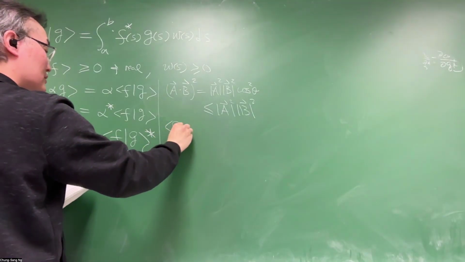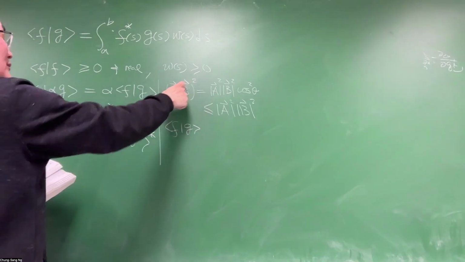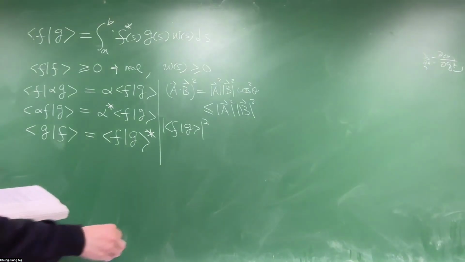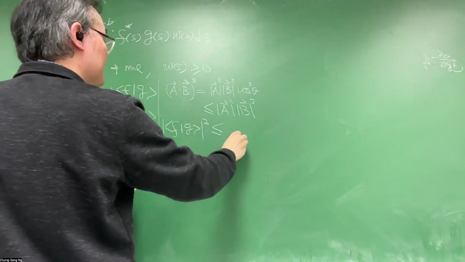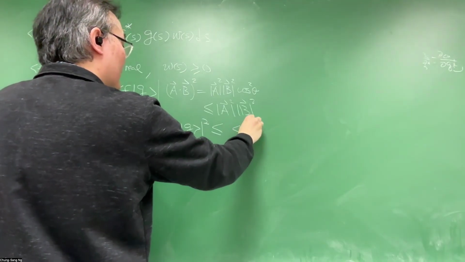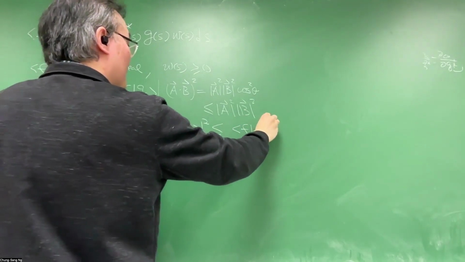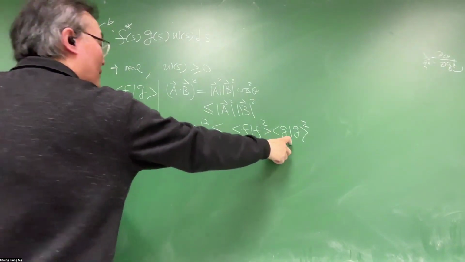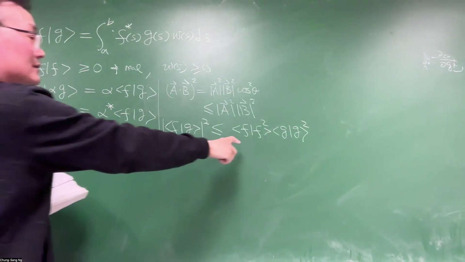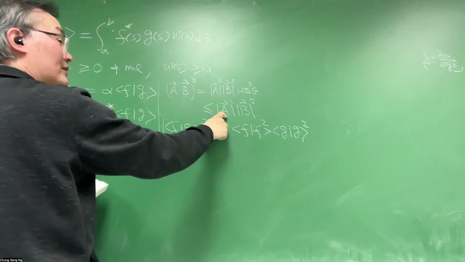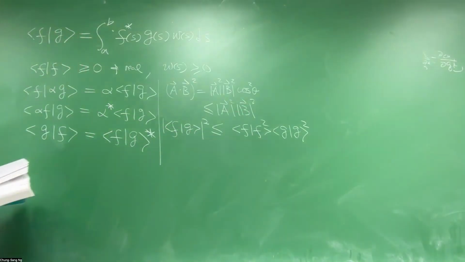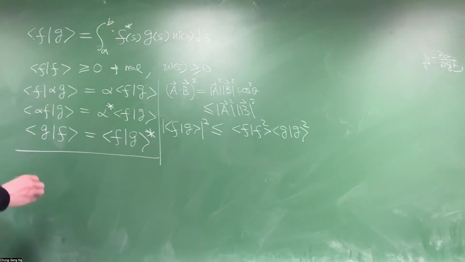Except that this is not necessarily real, so you need to take the complex magnitude squared of the scalar product of F and G, and likewise it's smaller than the product of the scalar product of F with F and of G with G. And by definition they are real: the product of these two, like the magnitude squared of A and the magnitude squared of B, is greater than this one. And the proof is quite straightforward.